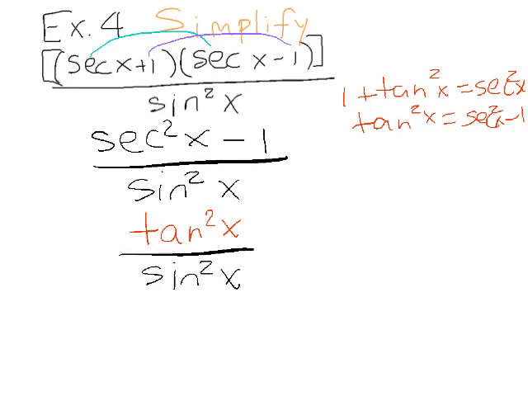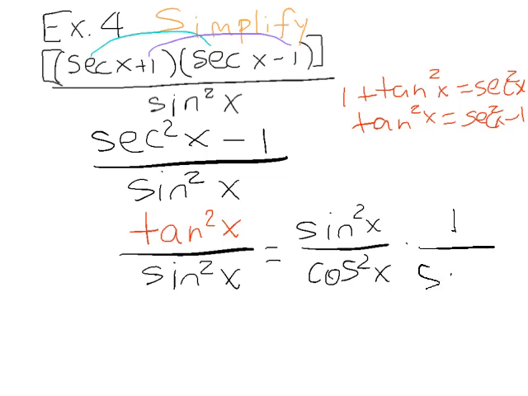Well, what have I got now? If you're paying attention to what's going on, you can also rewrite the tangent. Okay, the tangent is what? Sine squared x over cosine squared x, times my denominator right here. So 1 over sine squared x.